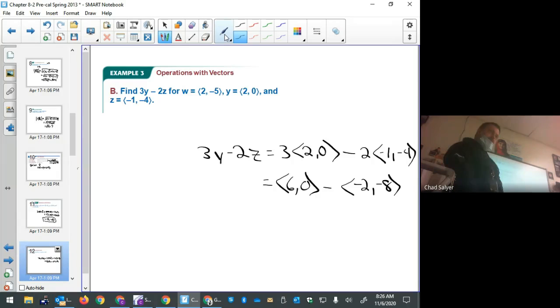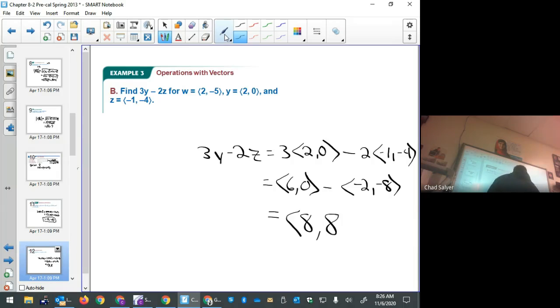Everybody with me so far? Just did the scalar. Now, 6 minus a negative 2 is positive 8. 0 minus a negative 8 is positive 8. These are gimmies on the test. You really ought to get these right.